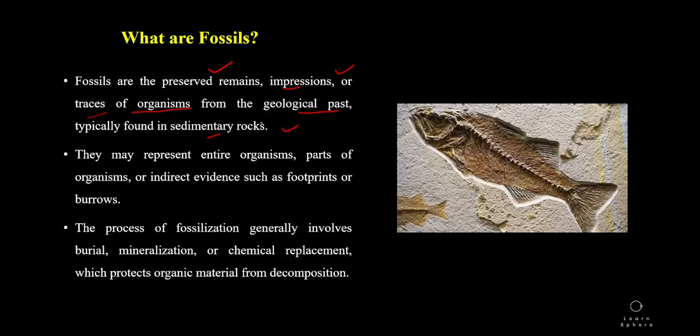Clear? Fossils can be found in the form of entire organisms, some particular parts also, and indirect evidence like footprints or burrows of those extinct organisms. Clear? The process of fossilization generally involves burial, mineralization and chemical replacement which protect organic material from decomposition.